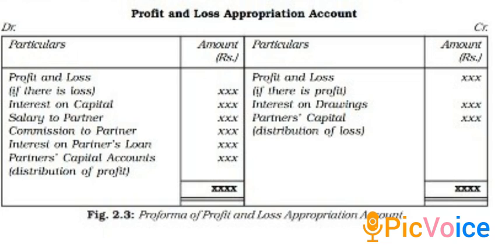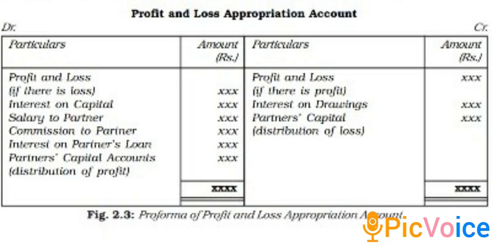Next, if the credit side is more than the debit side, we will total it, and from the credit side we will subtract the debit side, then we will get a profit, and this profit we will distribute. Where will it be transferred? To the partners' capital accounts. Suppose the debit side is more than the credit side, at that time we will subtract the credit side from the debit side, and we will get a loss.